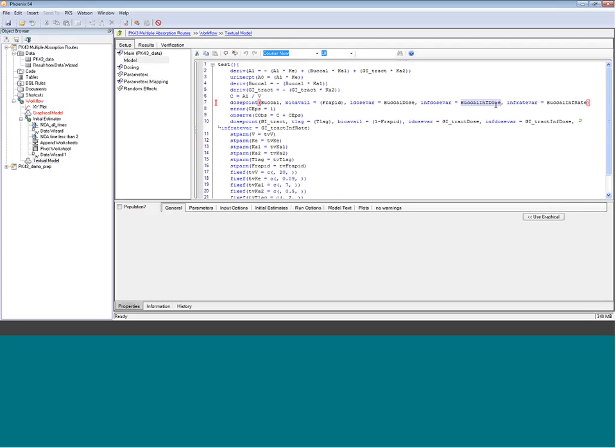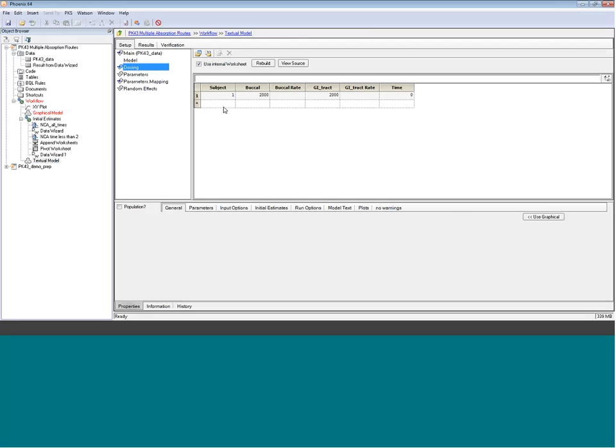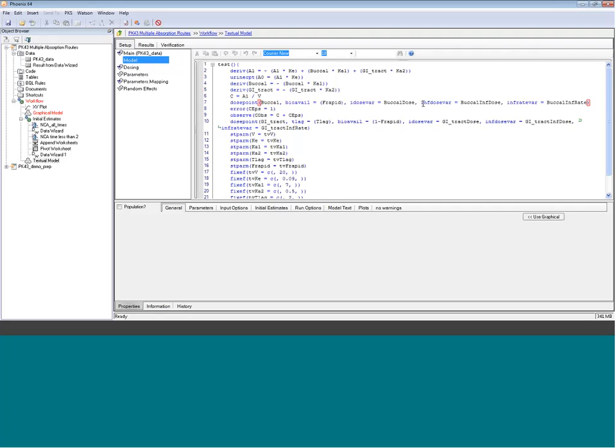It accepts the possibility of an infusion dose. If you rebuild the dosing under setup dosing, were this an infusion dose, you could put in the buccal rate and the GI tract rate, which corresponds to those input doses. And again, that's predefined with this equal statement defining the variable name.